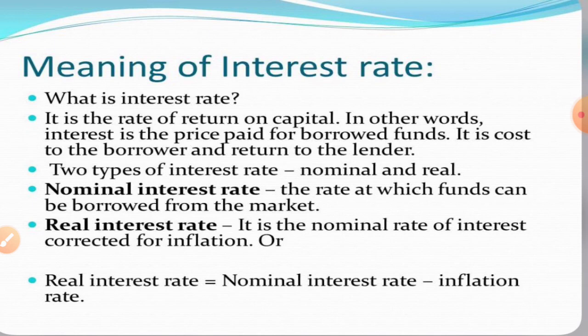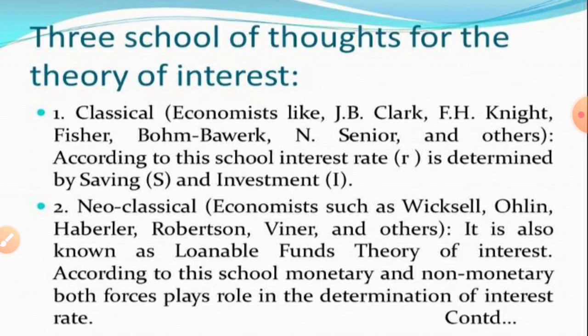There are three schools of thought on the theory of interest: classical, neoclassical and Keynesian. According to classical, the rate of interest is determined by saving and investment, and according to neoclassical, the theory is also known as loanable fund theory, and according to him, the rate of interest can be measured and determined with the help of monetary and non-monetary forces.